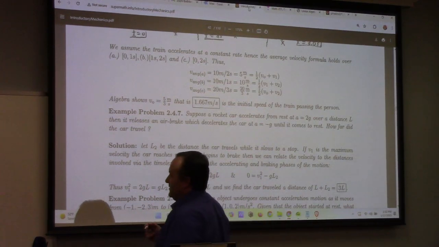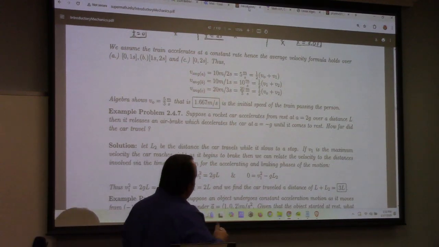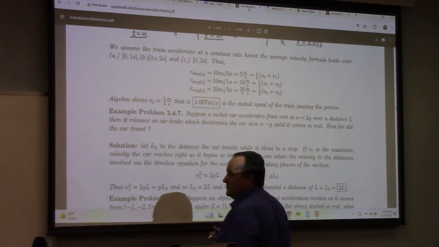How far did it travel? Did I say what this distance was? Or I just said a was minus g. Oh, the question is how far did the car travel, right? Okay.